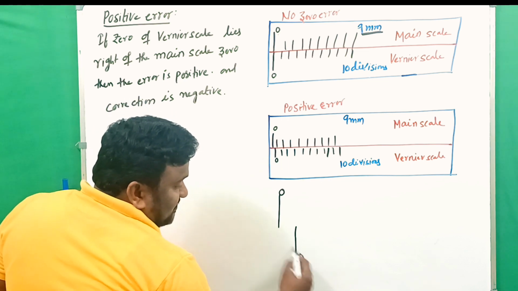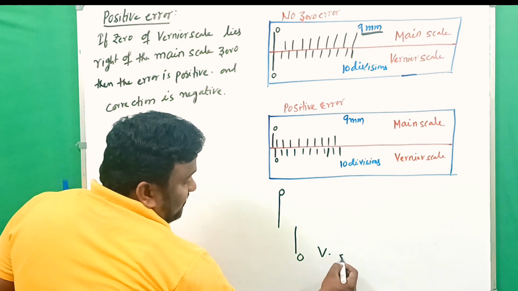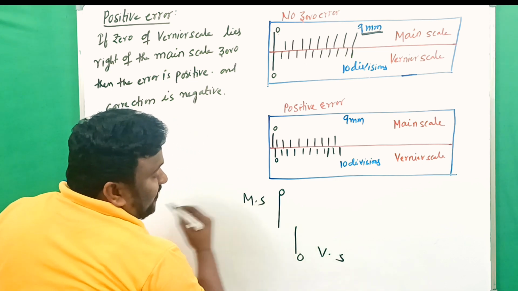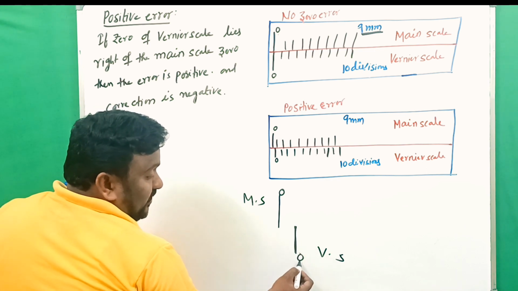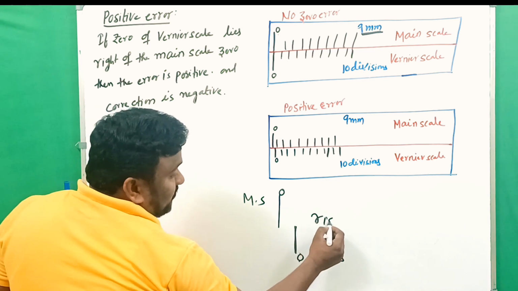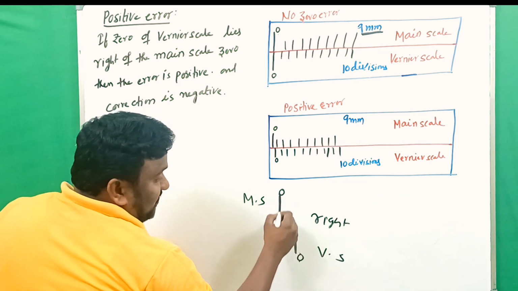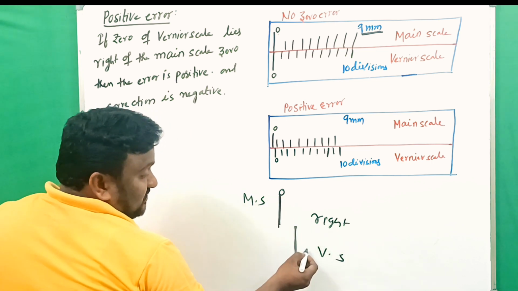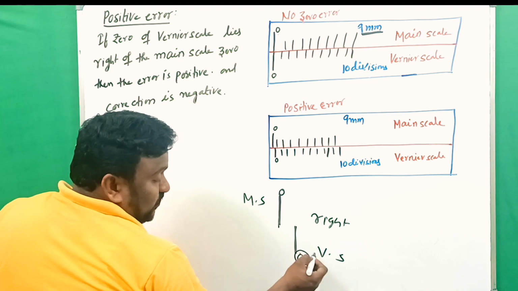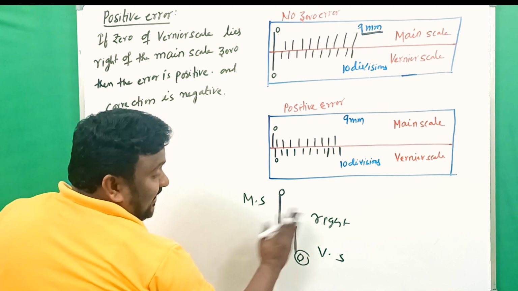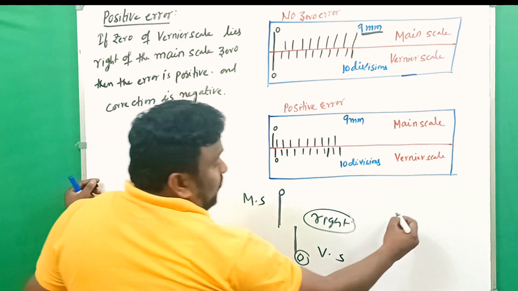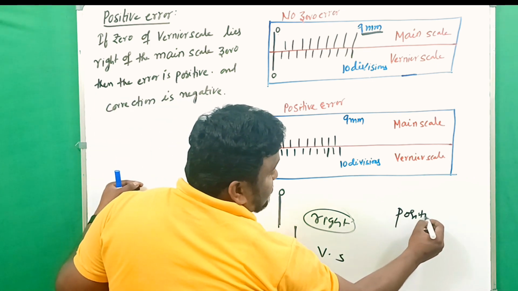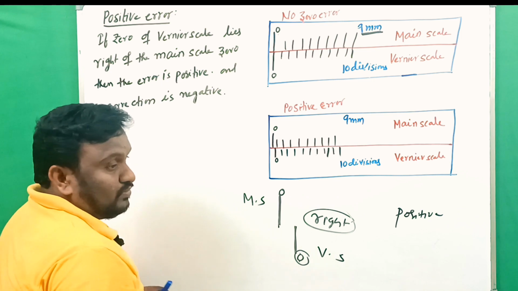Now the zero division of the vernier scale is on the right side of the main scale zero. Then the error is called positive error or positive zero error.